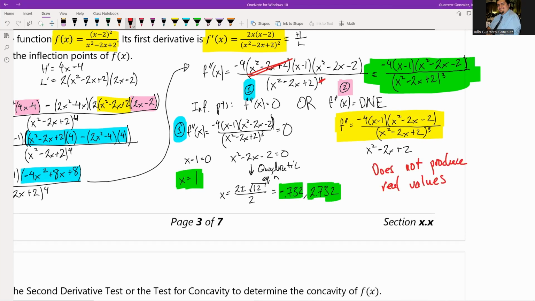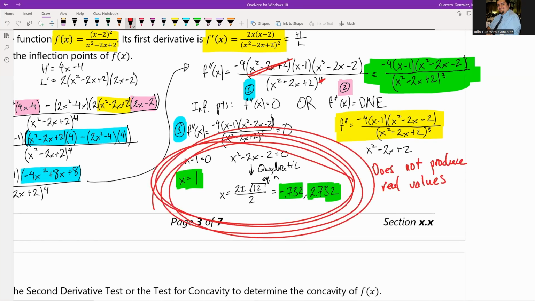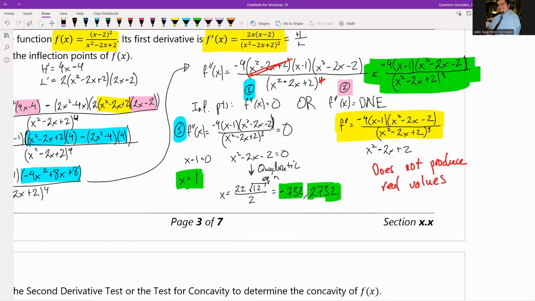Okay. So what we have here then is only 3 inflection points that we need to worry about, these 3 down here. Okay. So now, let me recenter this.